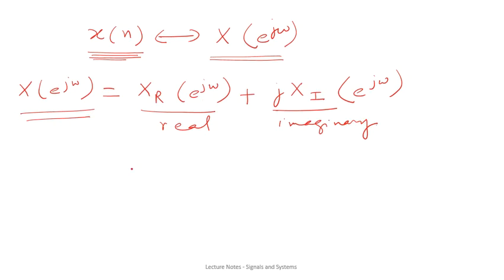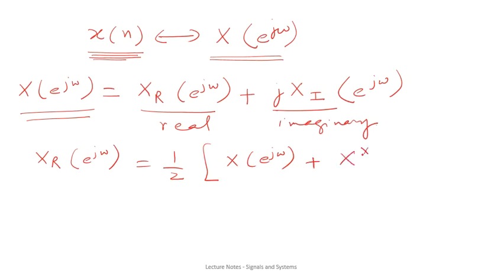You can also find the expression for X_R. If you want to write X_R of e j omega, you can obtain it as X of e j omega plus X conjugate of e j omega, where the conjugate denotes the complex conjugate of the signal X of e j omega.